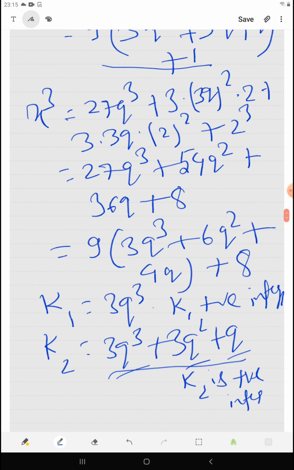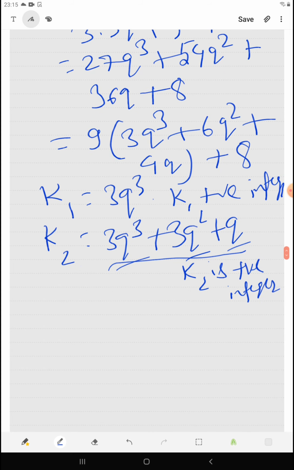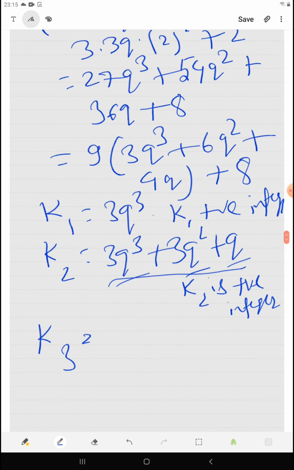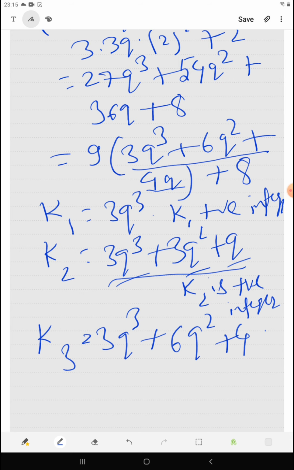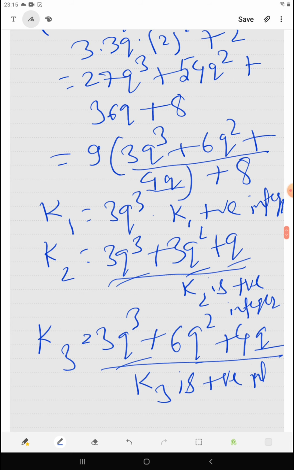Then finally k3 equals 3q cube plus 6q square plus 4q. Now since q is a positive integer, this whole will be a positive integer. So k3 is a positive integer. Okay.